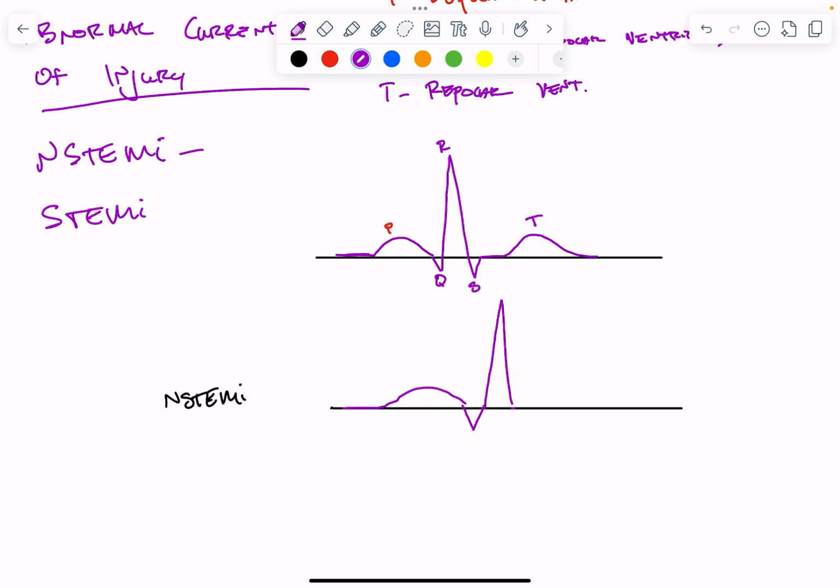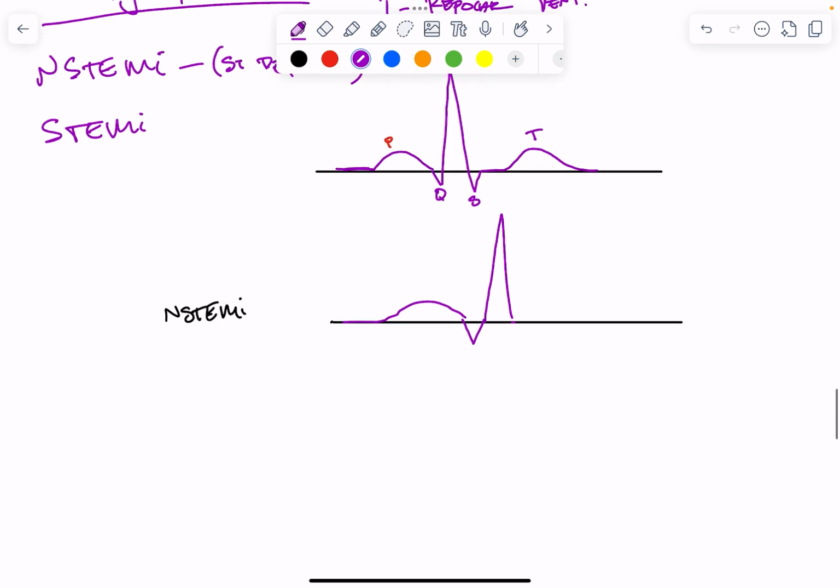And now at the S wave, this is also called ST depression. What you're going to see is, instead of having a quick repolarization, it's going to gradually return, and then you're going to have a big T wave, and it's going to look something like that.